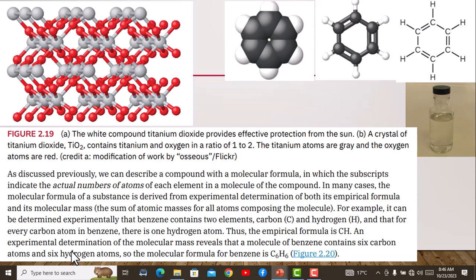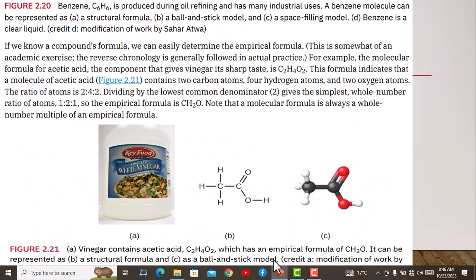An experimental determination of the molecular mass reveals that a molecule of benzene contains 6 carbon atoms and 6 hydrogen atoms. So the molecular formula for benzene is C6H6, and I can divide both sides by 6, leaving me with CH. So CH will be the empirical formula and the molecular formula will be C6H6. All right, that is fine. So this is benzene.